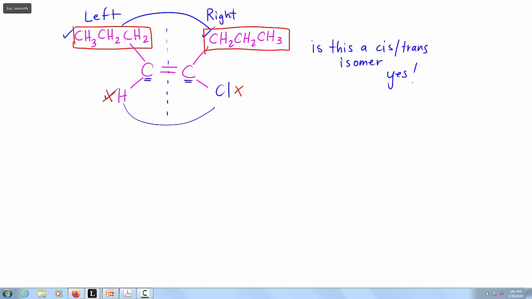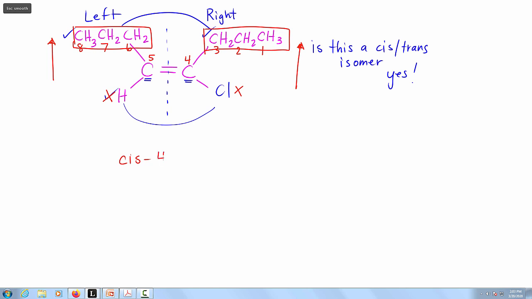Okay, so we can actually name this. Let's see, this would be carbon 1, 2, 3, 4, 5, 6, 7, 8. So we see both similar groups projected on the same side of the double bond. So we would call this cis. And we have a chlorine on carbon 4.